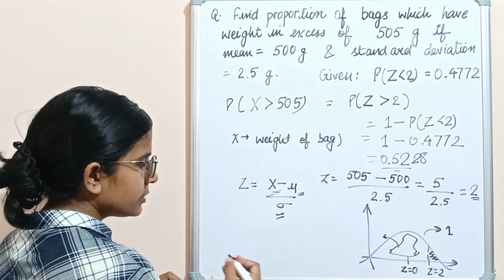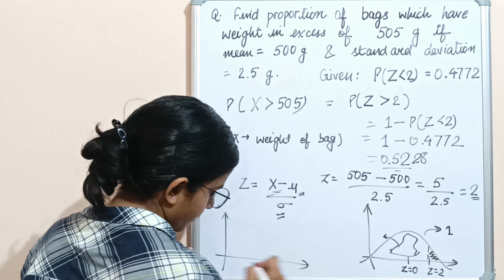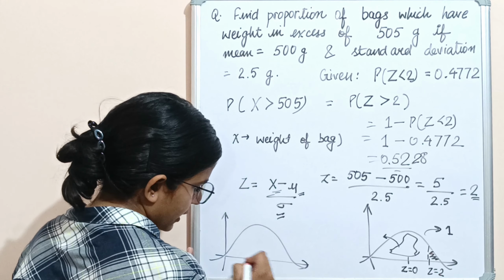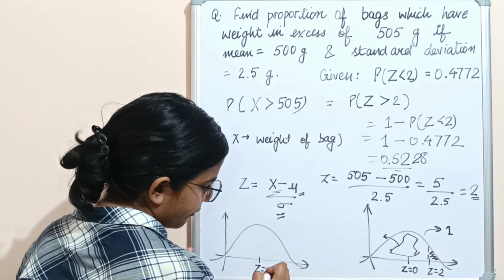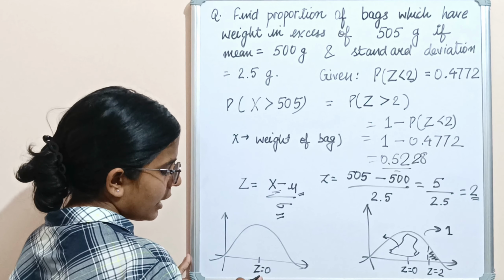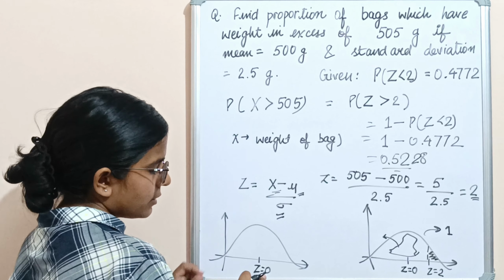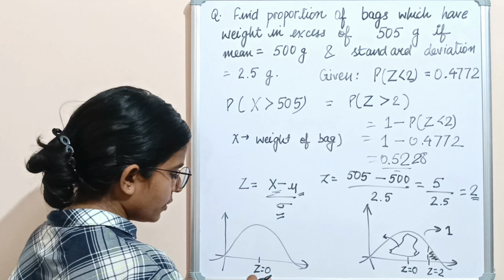Now let me tell you this one thing. This is a graph of the standard normal variate, like the normal distribution. Here is the standard normal variate and it is symmetric about z equals 0.